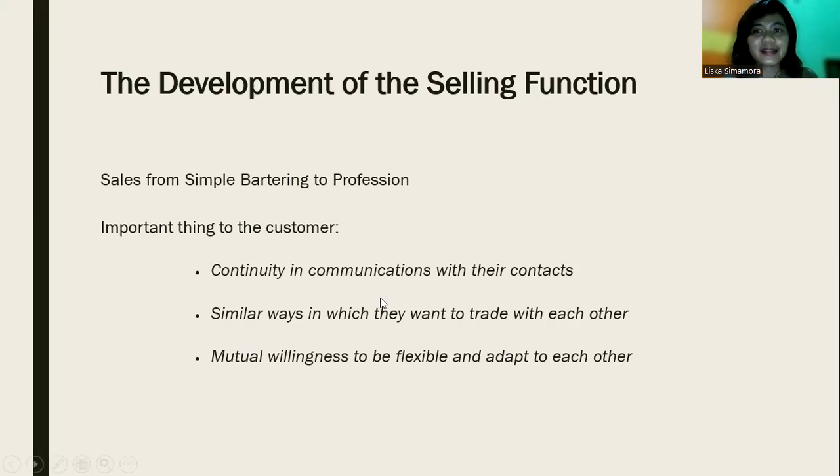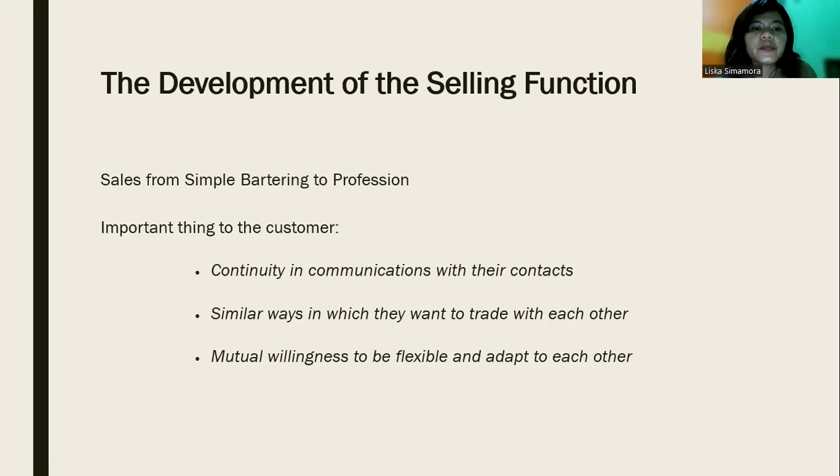So that company keeps contacting us, whether just giving us the new catalog or just saying happy holiday, something like that. Many ways they do to keep in touch with the prospective customer.